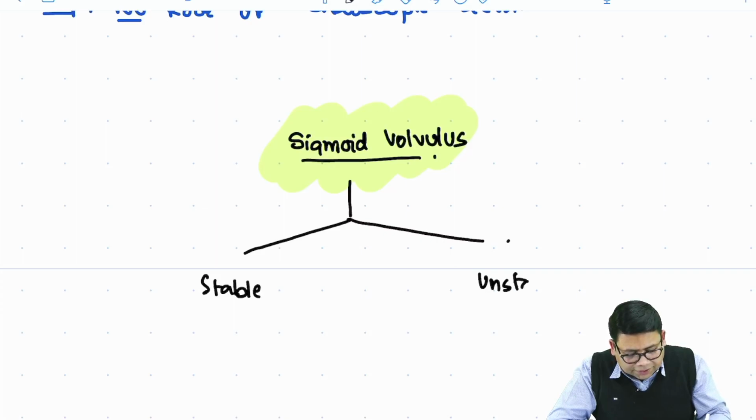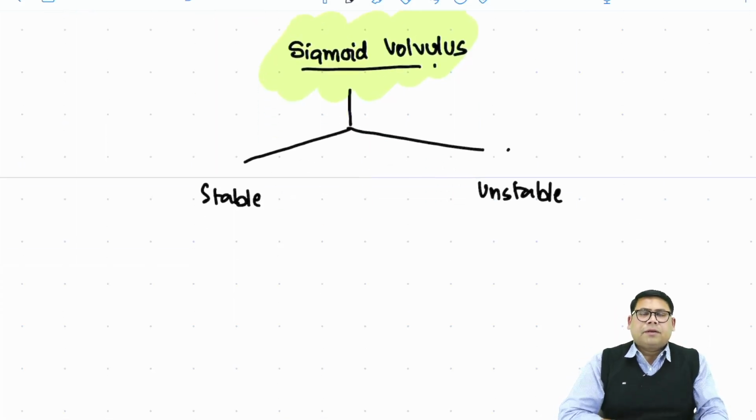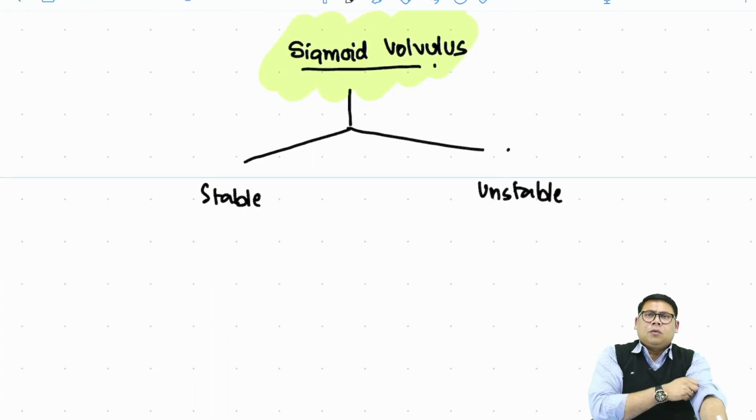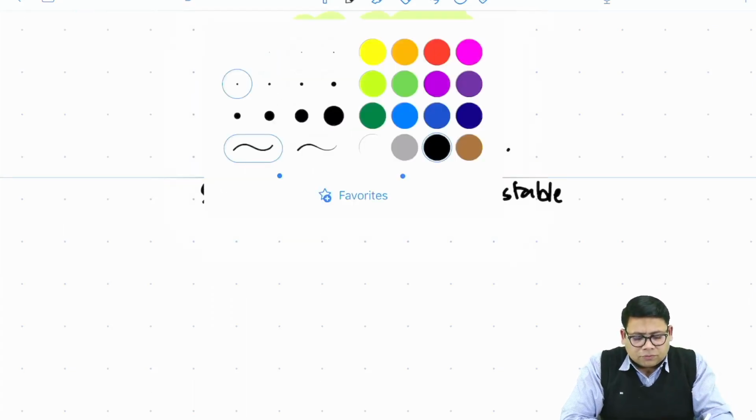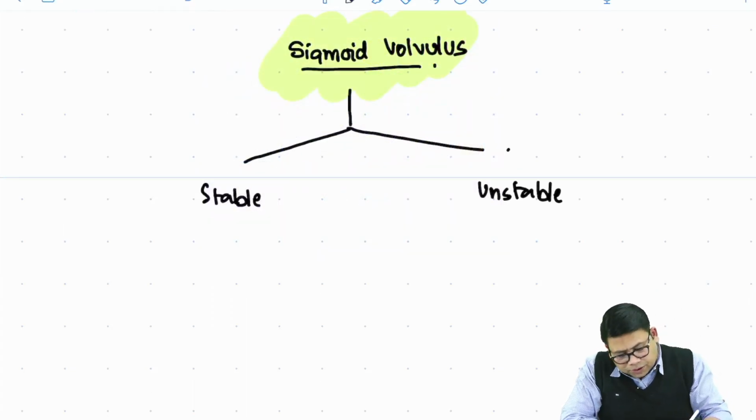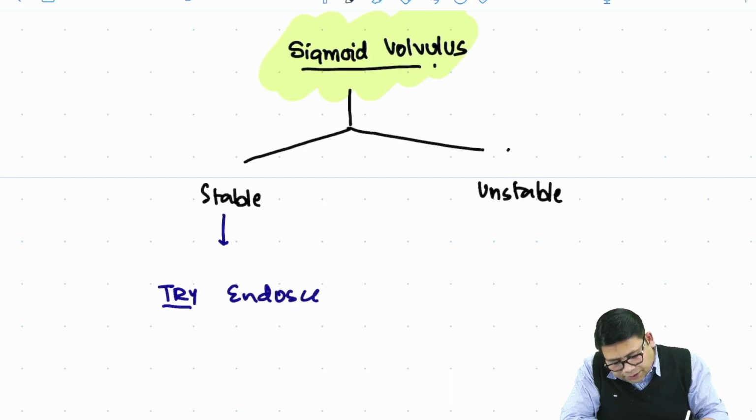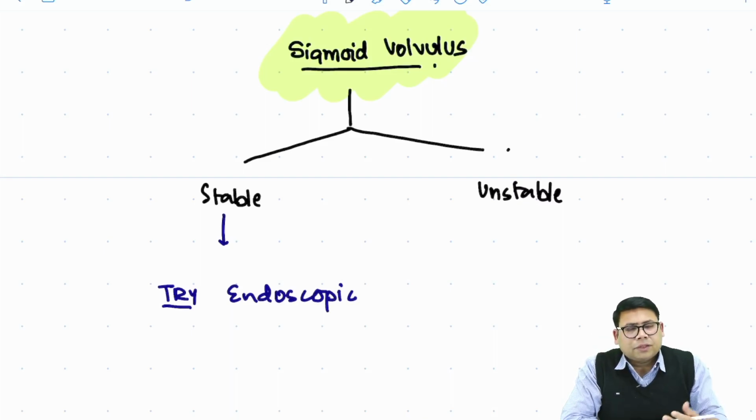Now, why is there a question of being stable or unstable? Try to understand. There are many patients who have chronic volvuluses. So they are habitual recurrent volvulus patients. So there, try endoscopic derotation first. If the patient is a chronic patient with stable status, hemodynamically stable, try endoscopic derotation.